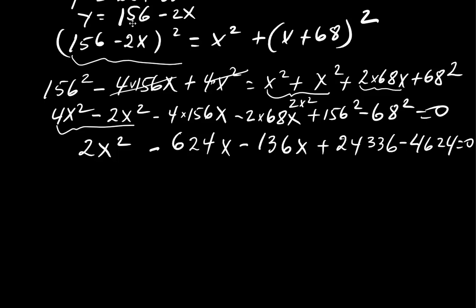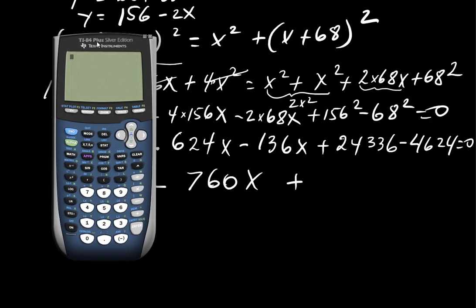Here is 2x squared minus 760x plus 24336 minus 4624, which equals 19712, is equal to 0.